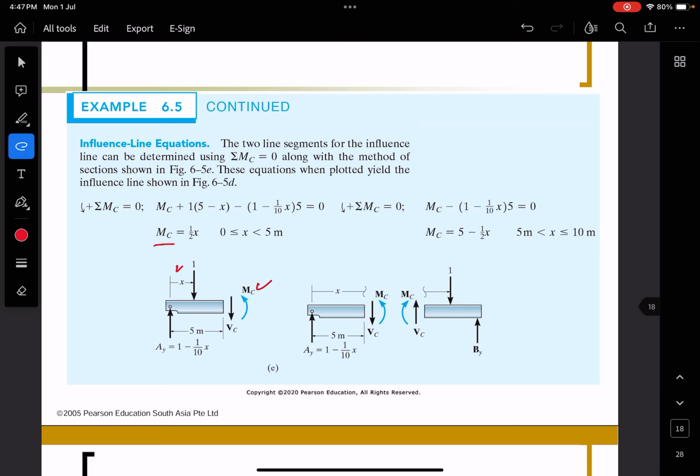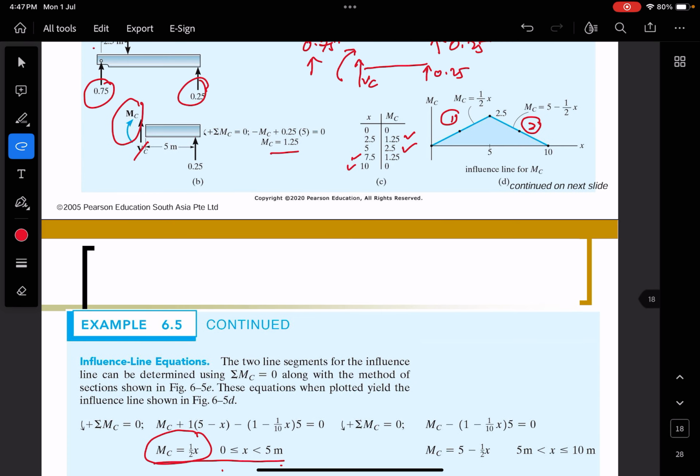So this one unit point load is being placed between 0 to 5 meter, and then you cut the section and you can have this equation for MC. So this equation is valid for this first line.